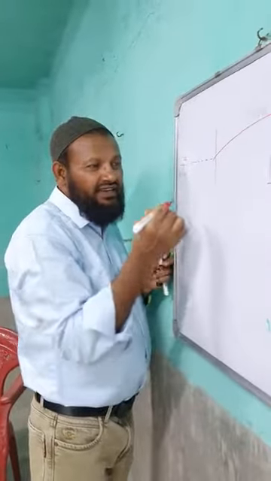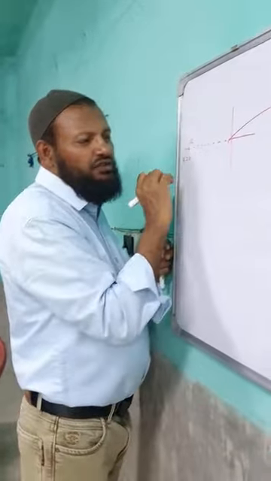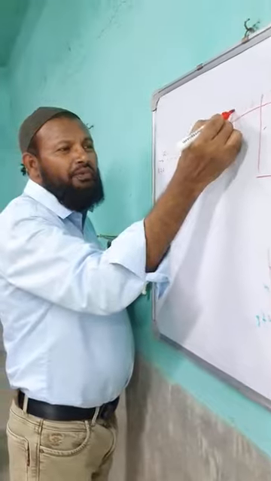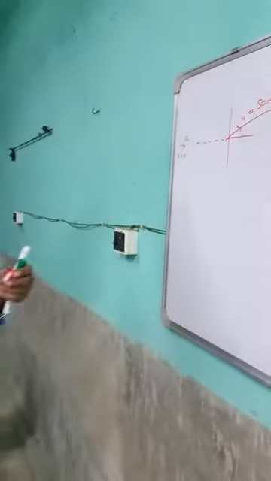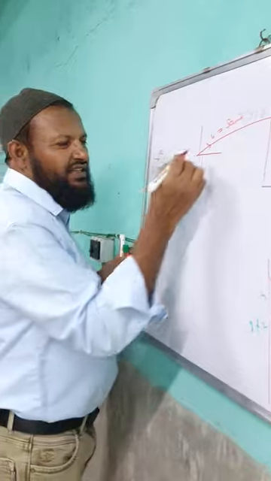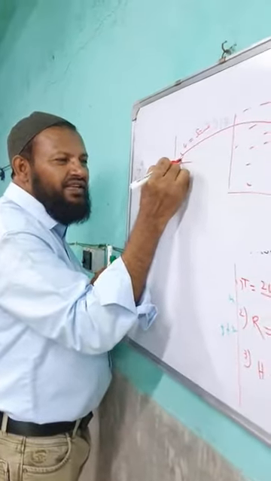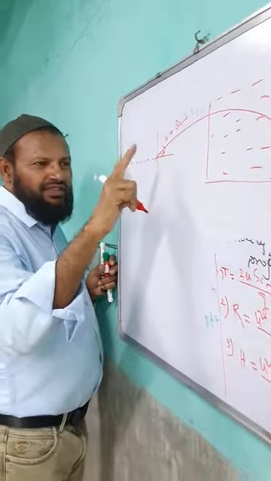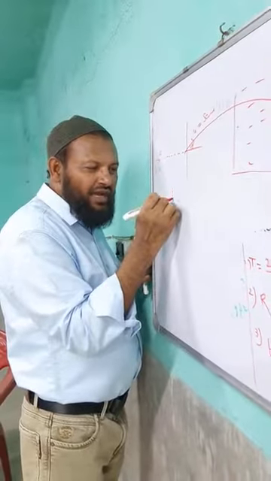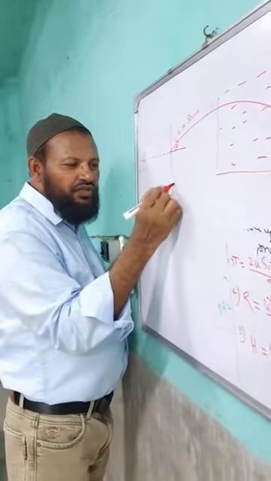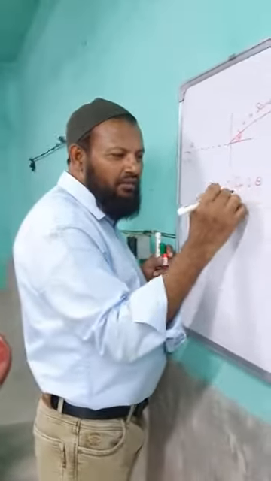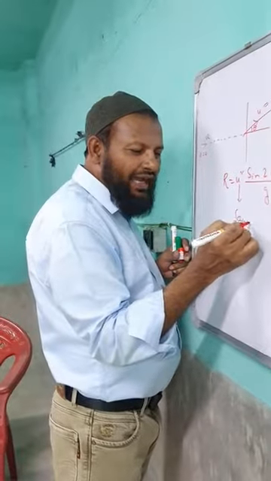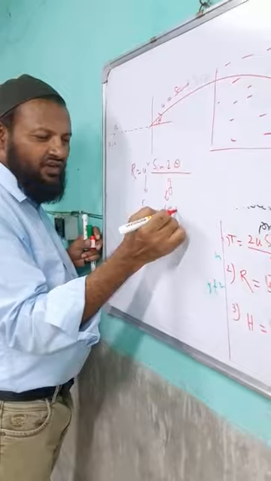Please see here. In this case, suppose u is the same for every player. Now one thing is important: this angle with the horizontal is the angle of projection. What is the formula? R equal to u square sin 2 theta by g. Please try to understand. u is the same and g is constant, it is also the same.